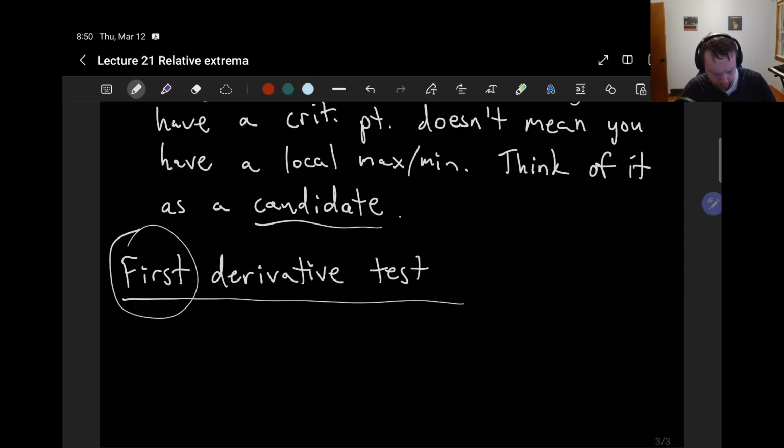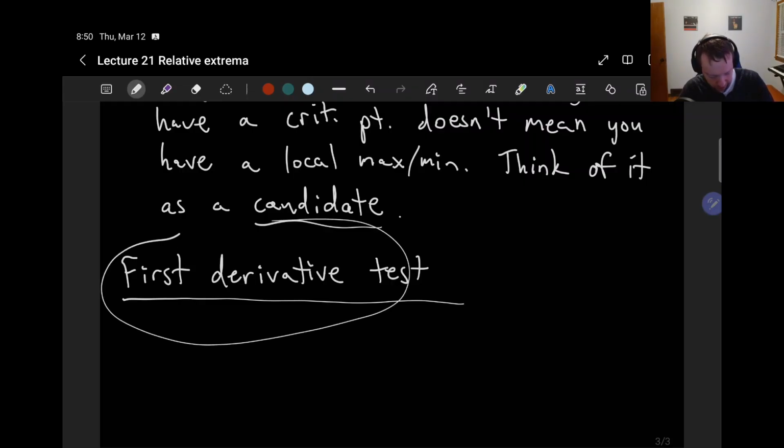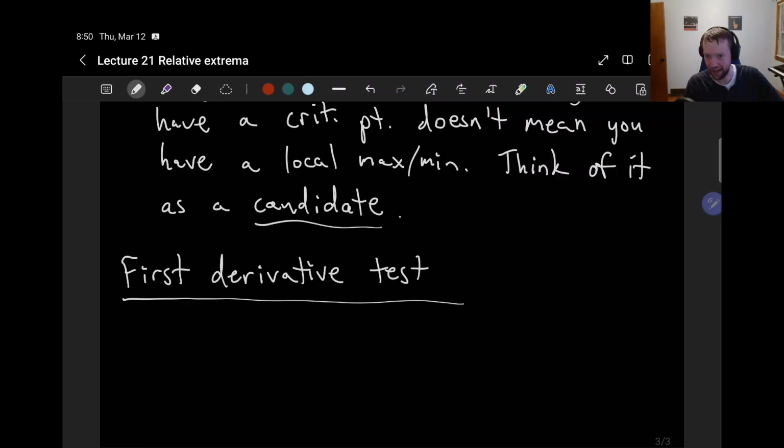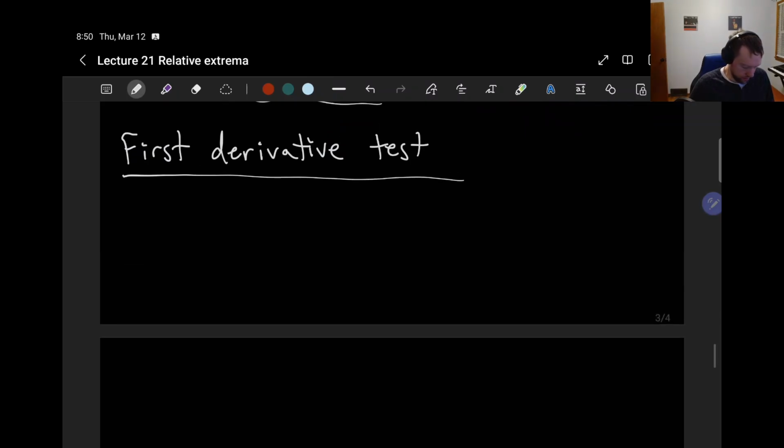Why am I using that word first derivative? It's actually not just because this is the first test we're talking about. This word first has a special meaning for derivatives, and that's for a future video. So that's a little teaser there. This test will allow us to classify critical points.